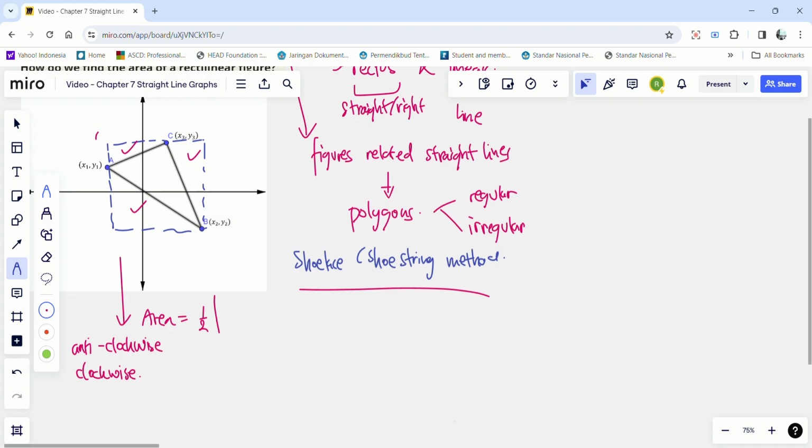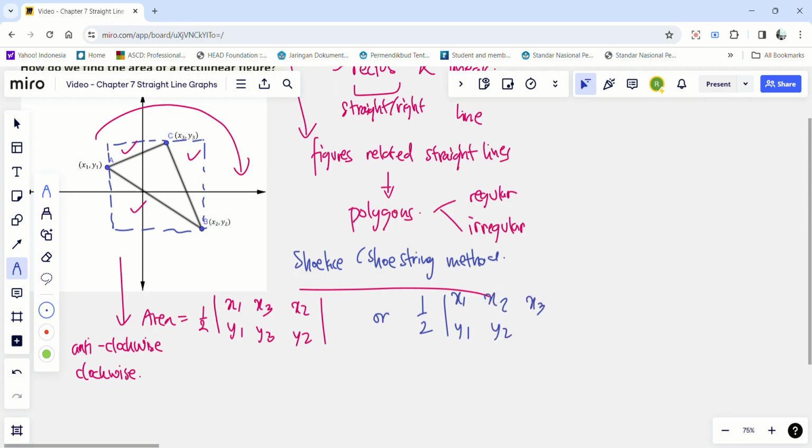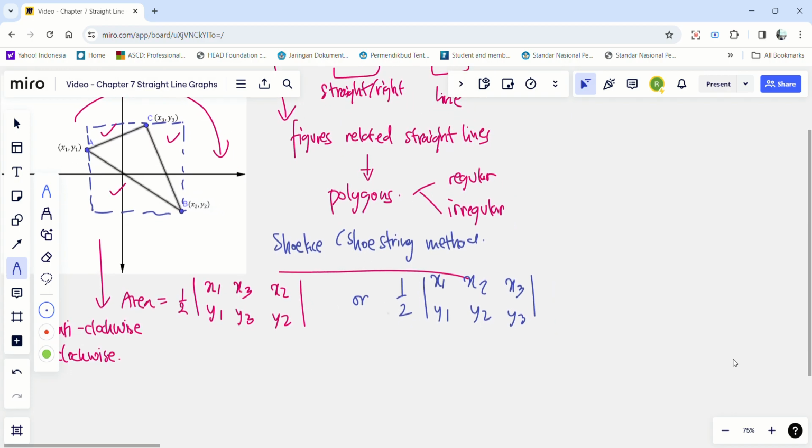In this case, I'll put it in a clockwise direction, so x1, y1, x3, y3, x2, y2. I can also put it as half of x1, y1, x2, y2, x3, y3, right? So it's up to us.